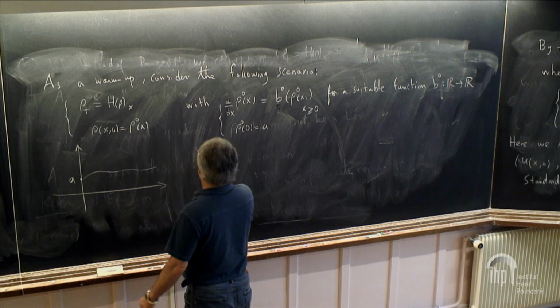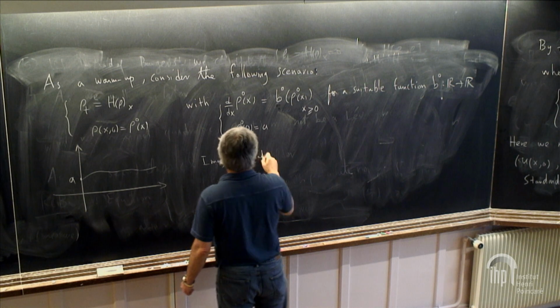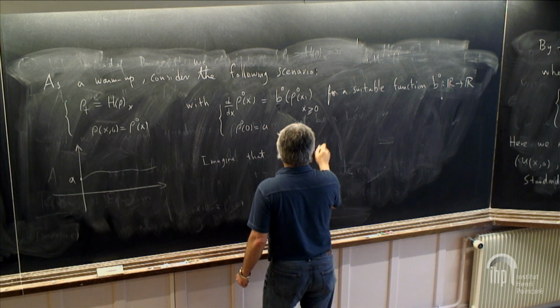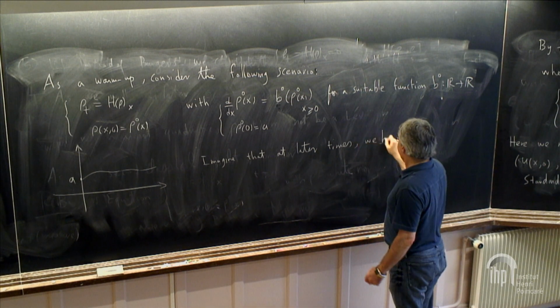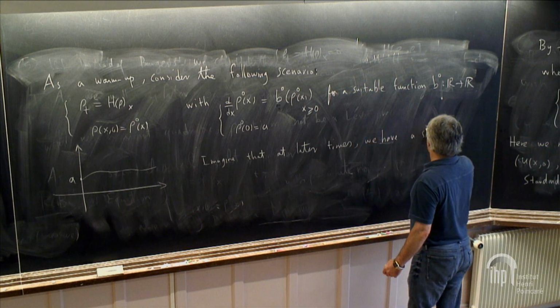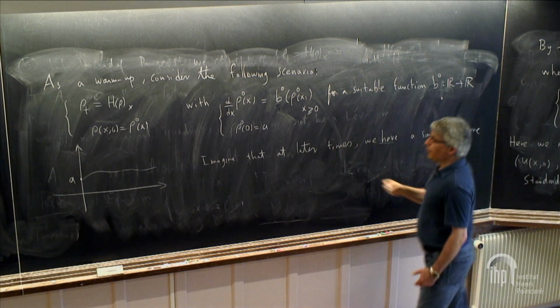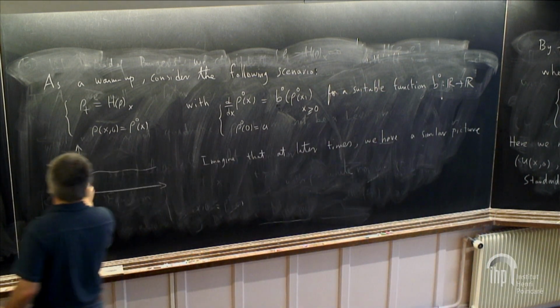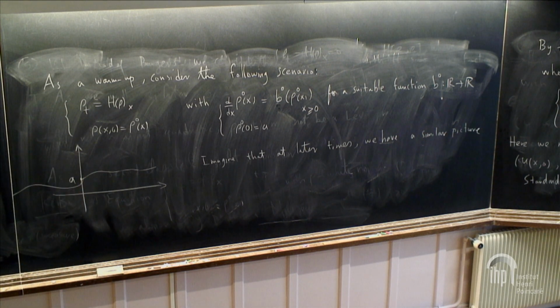So imagine that at later times, we have a similar picture. Of course, I can also solve this ODE for negative time. So we have some profile that is defined for all x's.